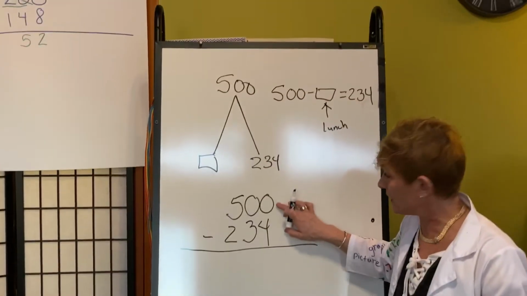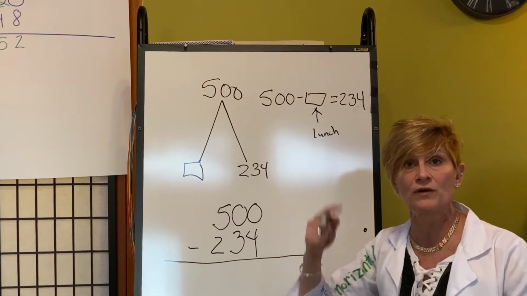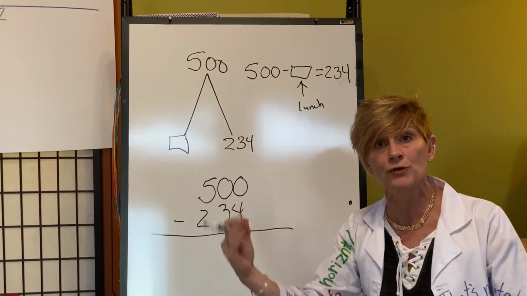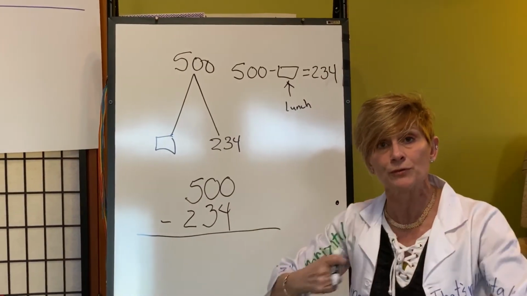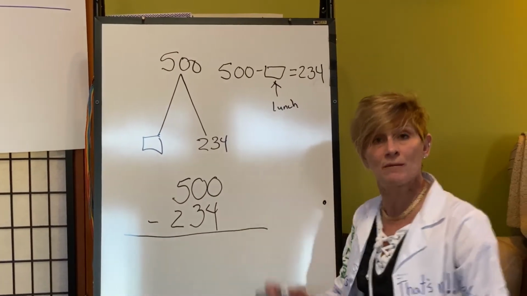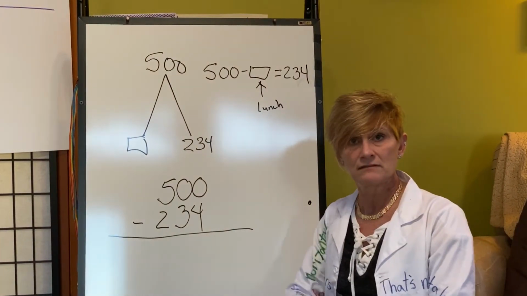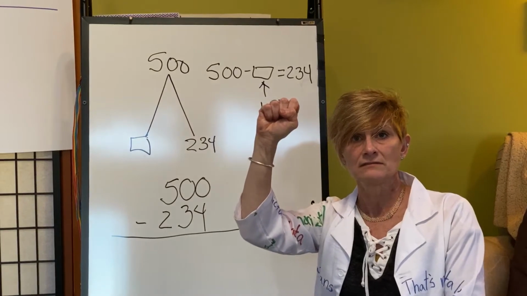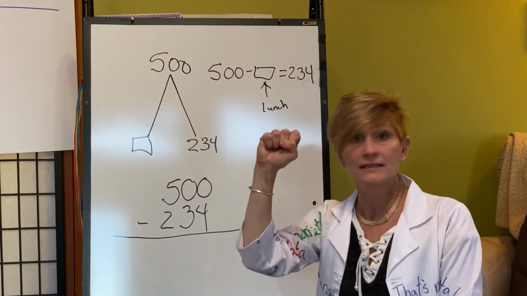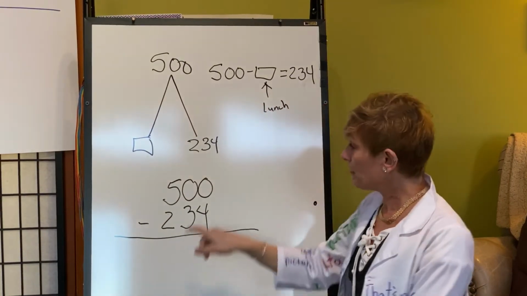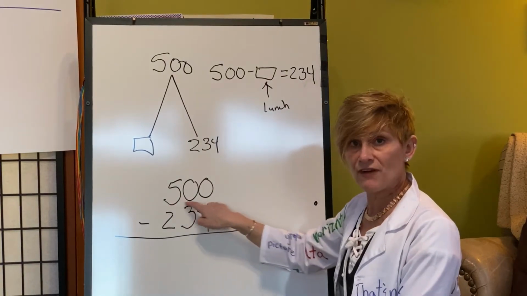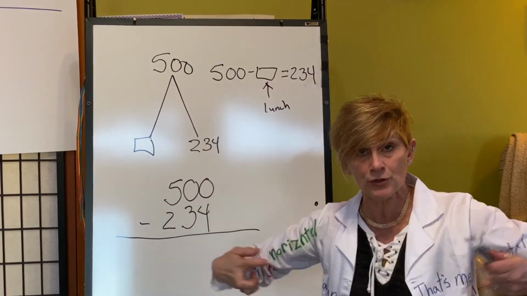If there is a greater amount on the floor, we go next door. We ungroup. It's imperative that we remember that. We cannot say, oh, that's 4. No, it's not. You can't take 4 away from nothing. But I can go to this 500 and ungroup it.